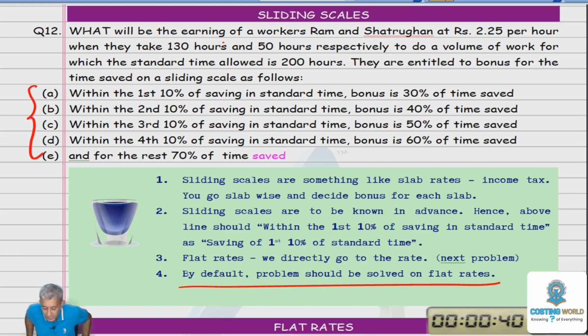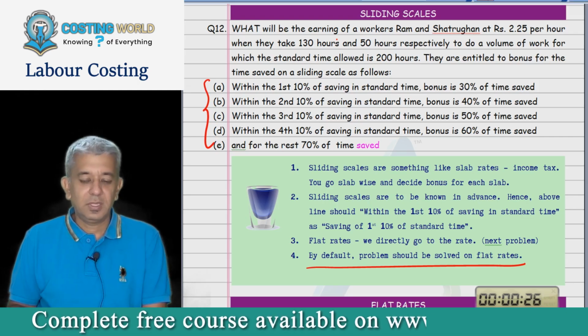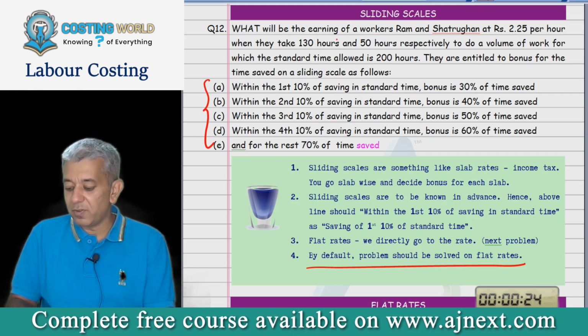Somebody has told 30 as the answer. I'm not saying your answer is wrong. But then what is 30? Try to think. I guess 30 represents hours. It does not represent cost. That is not rupees. Ultimately, we want rupees, na?